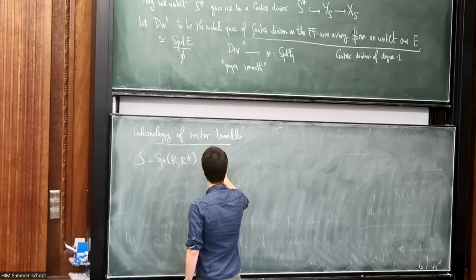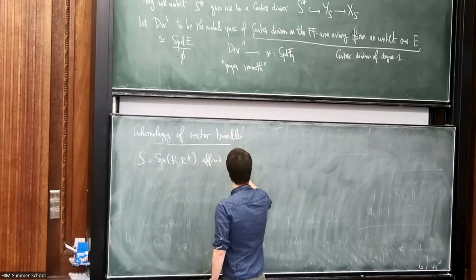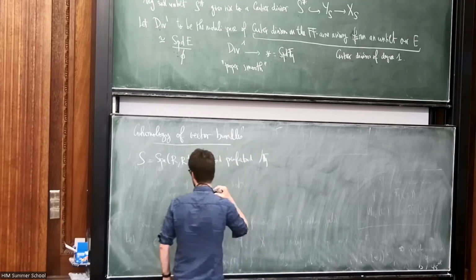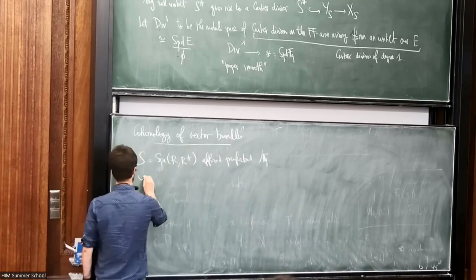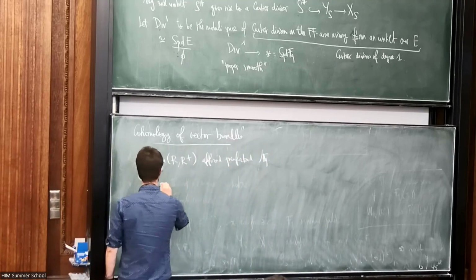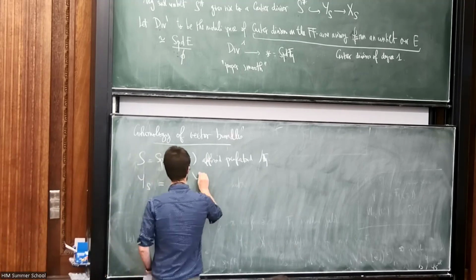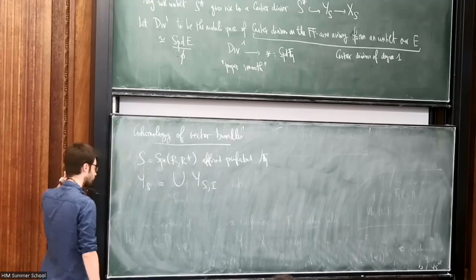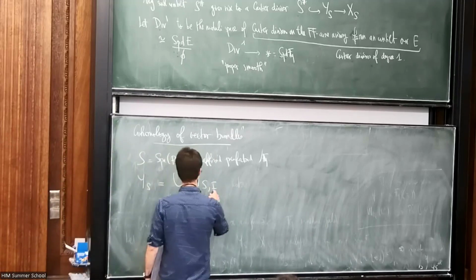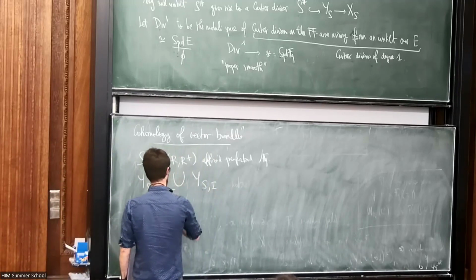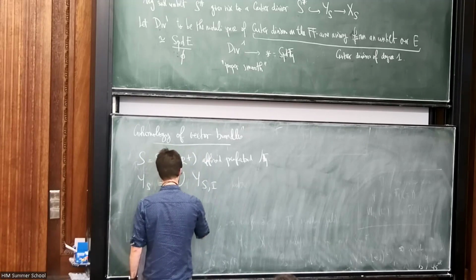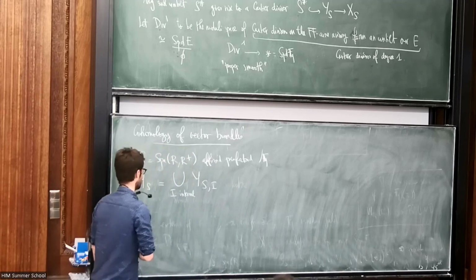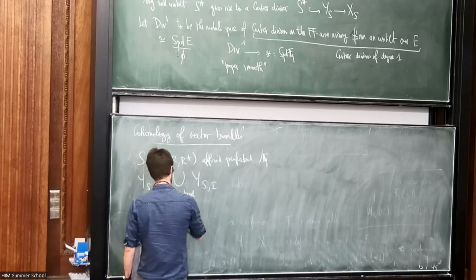Then this space Y_S can be written as a union of adic spaces Y_S^I, where I goes along all possible intervals in (0, infinity).